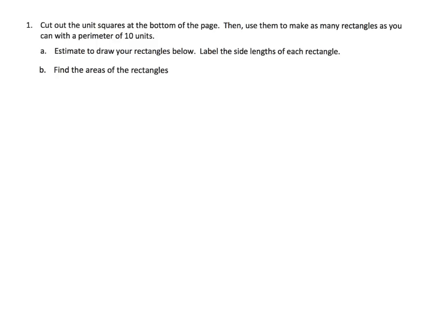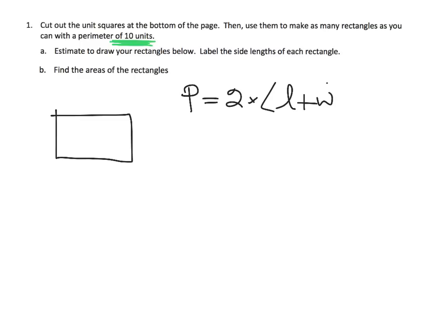So here, the directions say cut out the unit squares at the bottom of the page. But the point is, we're supposed to make all the different rectangles that have a perimeter of 10. And that's kind of what we were just talking about. So in this case, if we want a rectangle to have a perimeter of 10, that's going to be 2 times the length plus the width.